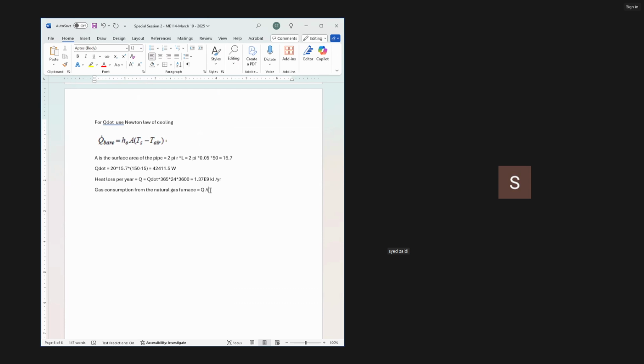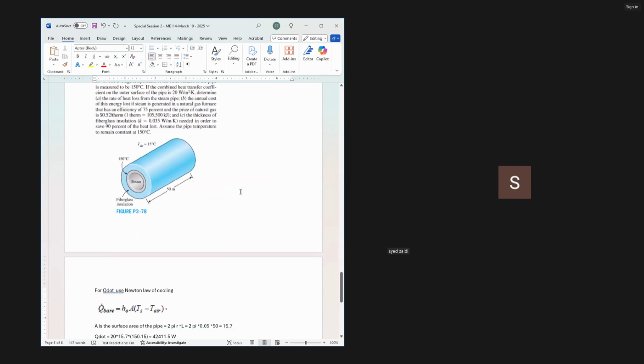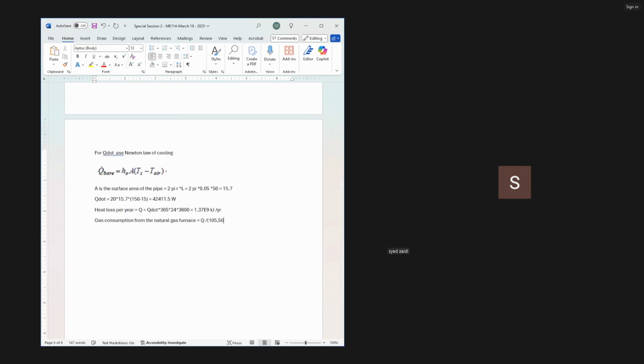One therm is 105,500 kilojoules. Is it 105,500? Go back to the question and look at that. It is 105,500, and it is multiplied by 0.75, which is your efficiency.